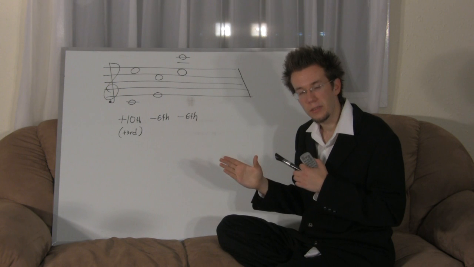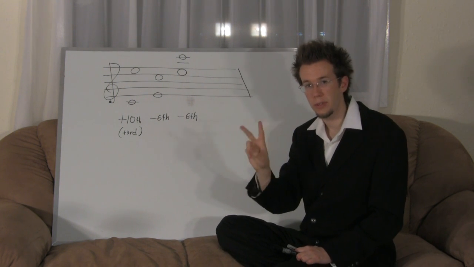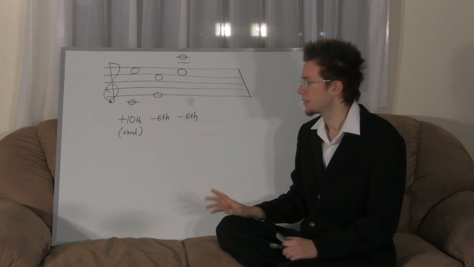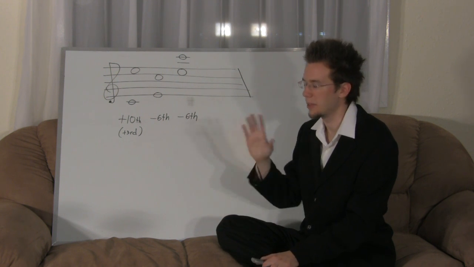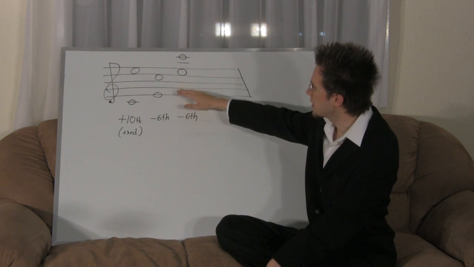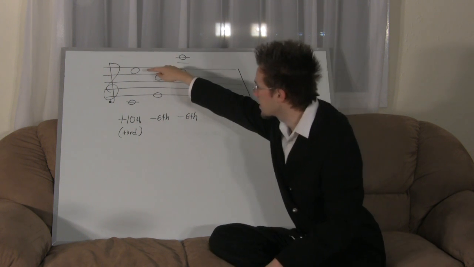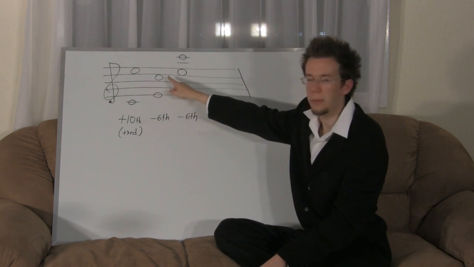Now after you've done that, you can invert this interval two ways. Well, technically three, but the third way is kind of the same as the second way, as you'll see in a minute. The first thing you can do to invert a compound interval is take the top note and move it down an octave, and take the bottom note and move it up an octave.